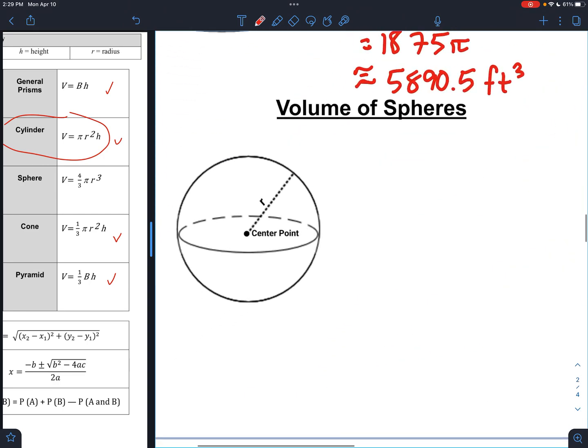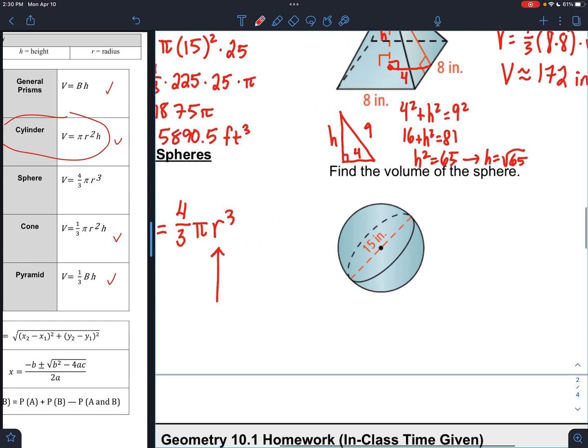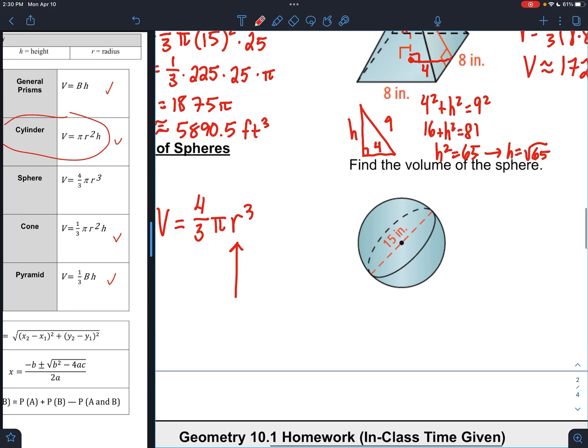Okay. And our last formula is the sphere. So the sphere's volume is only dependent on one thing. It just depends on what the radius is. So the formula is actually pretty easy to use because the only thing you need to plug in for is the radius. So we can do this one quickly. The radius here is half of 15.